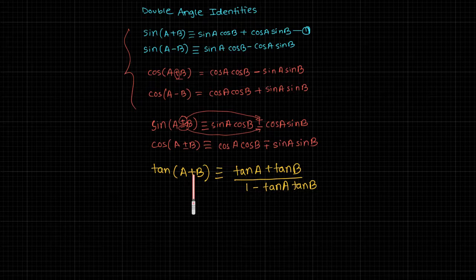And if there's a plus, the numerator will get a plus and the denominator will get the opposite one. So if here's a plus, the numerator gets the plus and the denominator gets the minus.